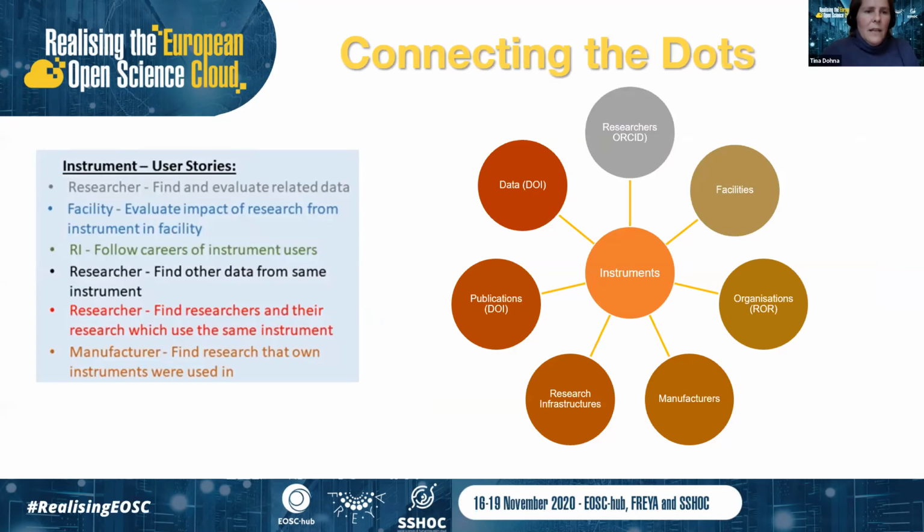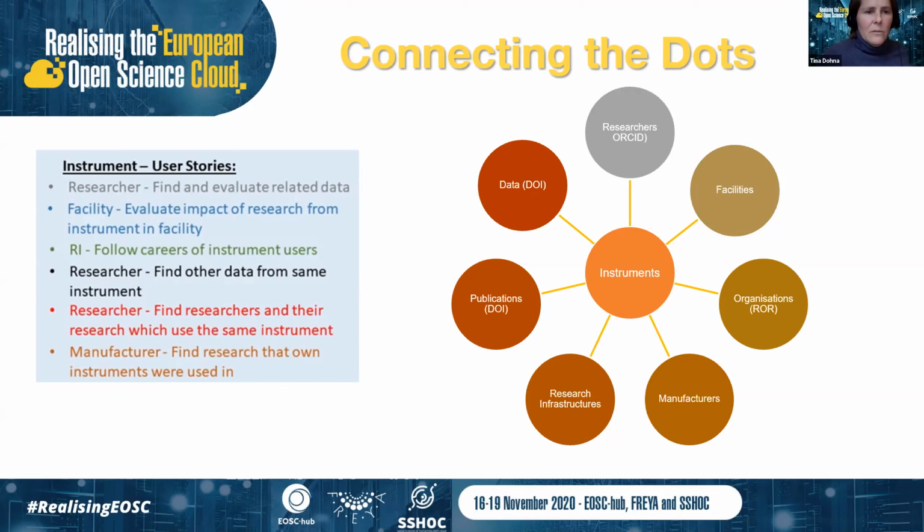What we were trying to do in our FREYA vision is to figure out, in a perfect world, how many dots could we connect? We did this with these user stories that Artemis also mentioned.